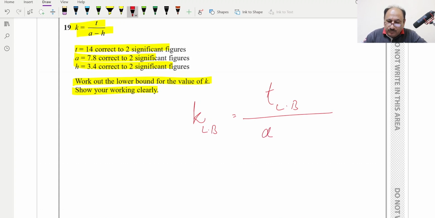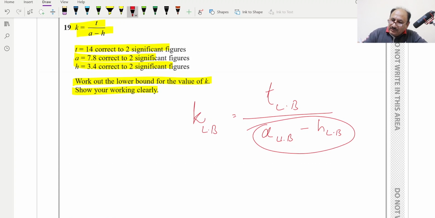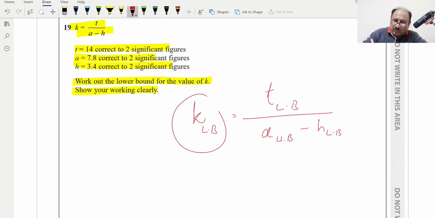So a should be the upper bound, and h should be the lower bound. This denominator will give us the maximum value, and we divide the minimum value by the maximum value and we get the lower bound.